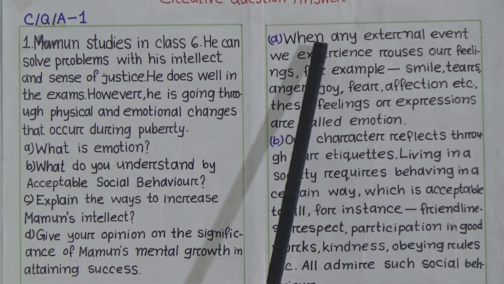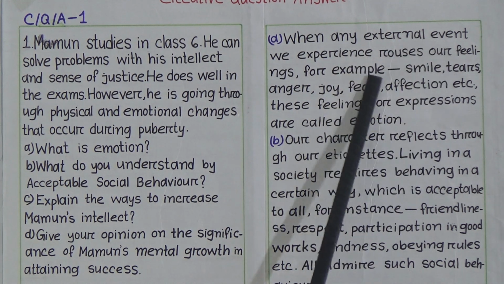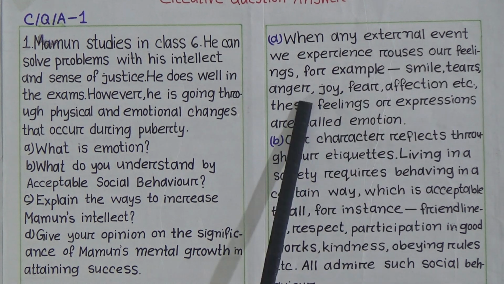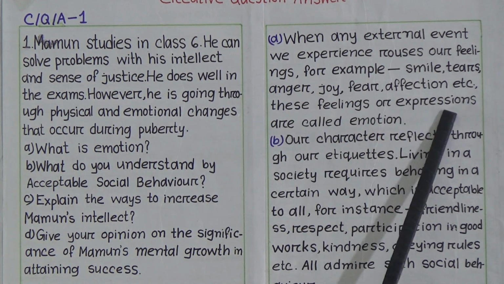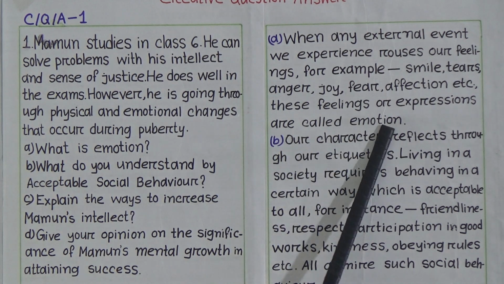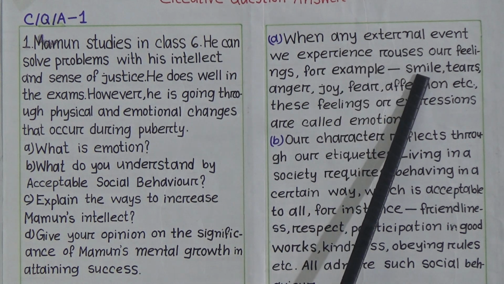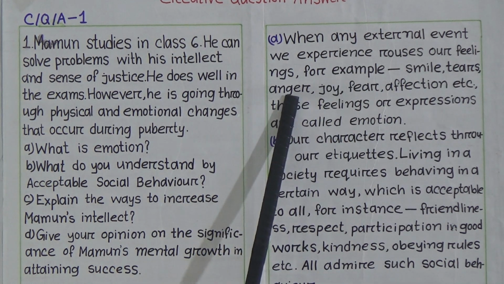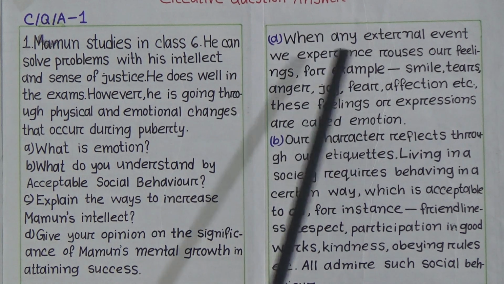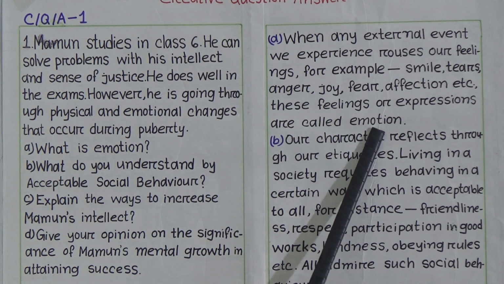It means when we are happy, we smile, and when we are sad, we shed tears, and when we are angry, we show our anger. So when we show our feelings, it is called emotion.